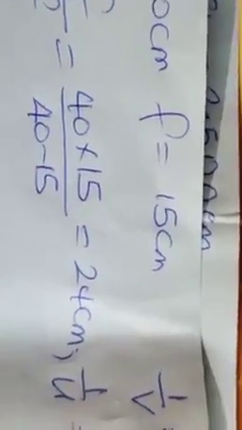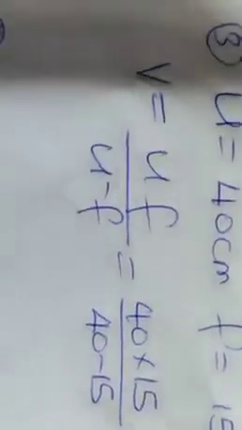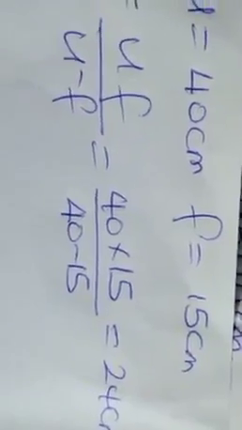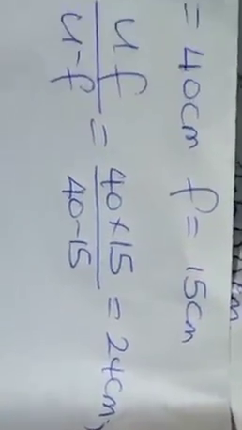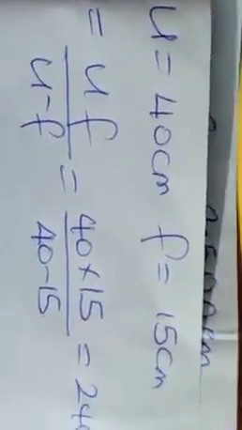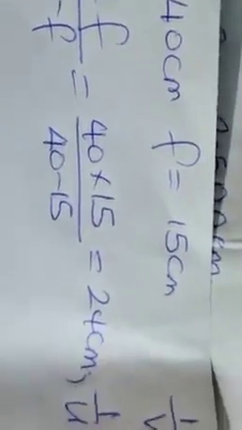There's no change in focal length, please. And then we want to find our image distance, which is UF all over U minus F. Our U is 40, our F is 15. So 40 times 15 all over 40 minus 15, and that will give us 24 cm. So our image distance when the object is 40 cm is 24 cm.